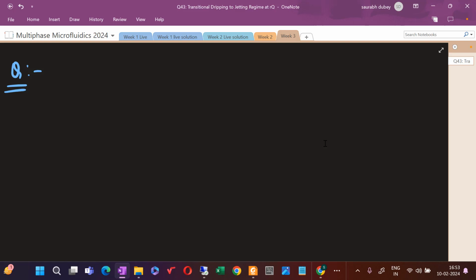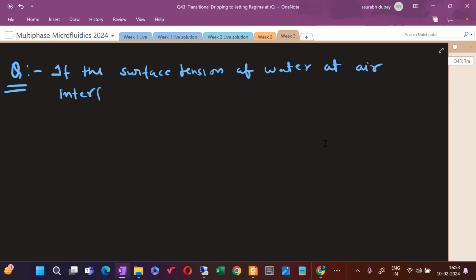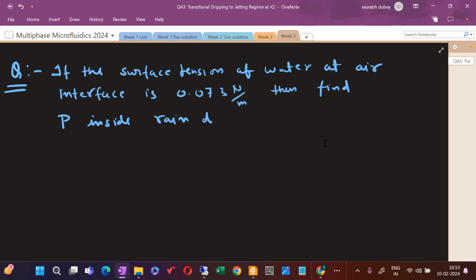The question is: if the surface tension of water at the air interface is 0.073 Newton per meter, then find the pressure inside a raindrop of 1 millimeter diameter, in Pascal.